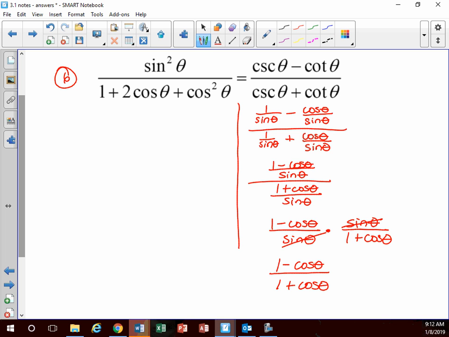I notice I have a whole bunch of cosines going on, and then this one random sine in my numerator. I would like that to not be a sine anymore. So sine squared is 1 minus cosine squared. That's one step, just replacing that. I now have to factor. Do you guys remember how to factor difference of squares?